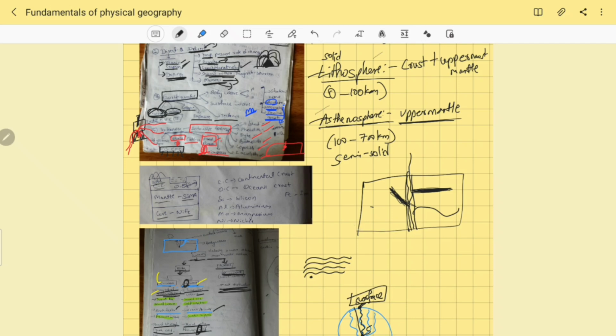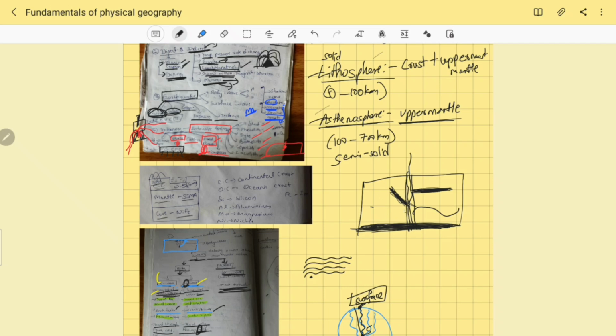Then batholith. Batholith is lava which solidified in one place, in a large mass. Then you have a lopolith.